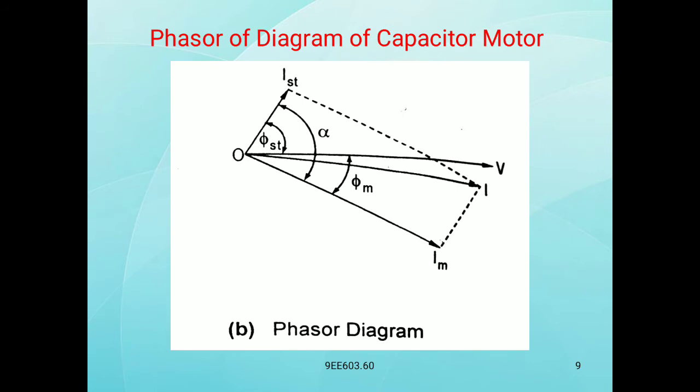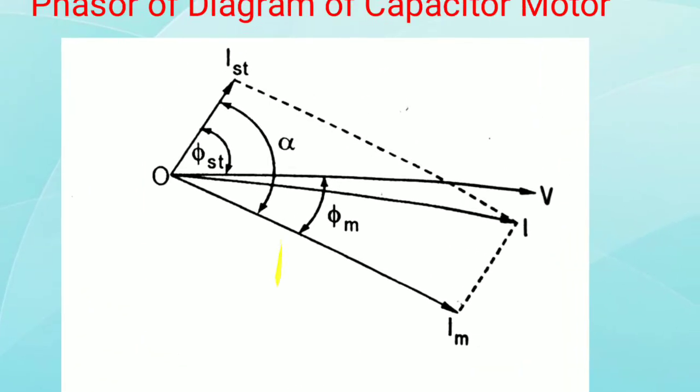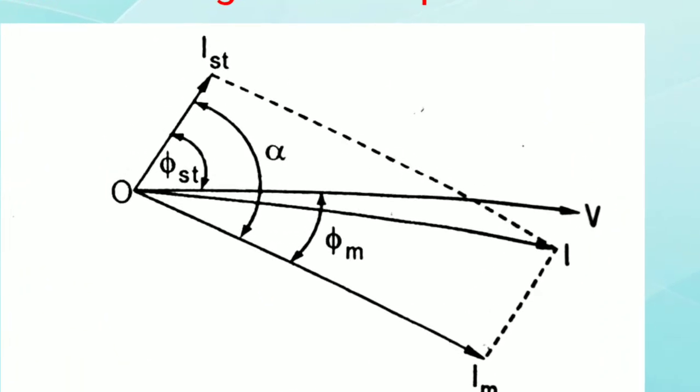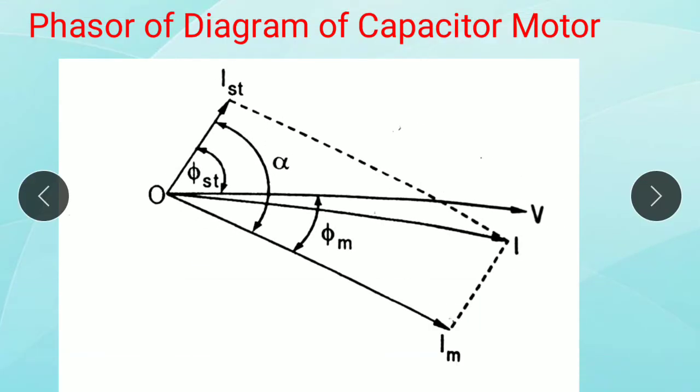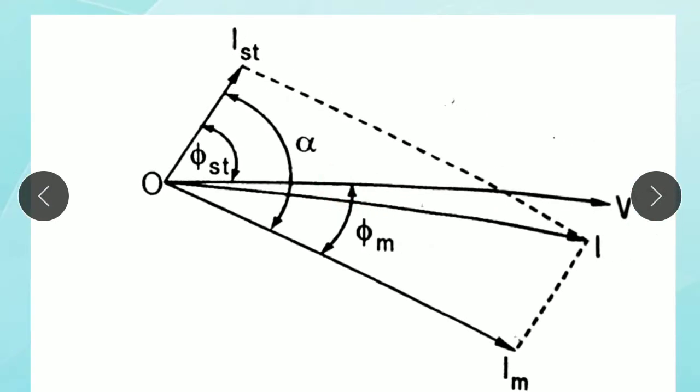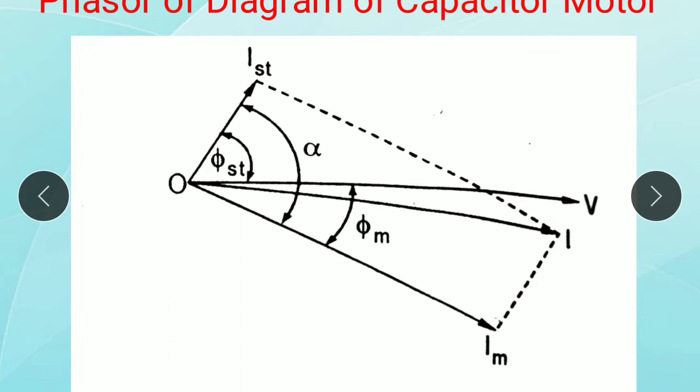The phasor diagram of capacitor motor. Here, the supply voltage V is taken as the reference along the x-axis.